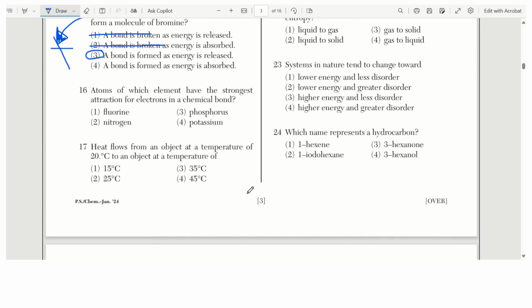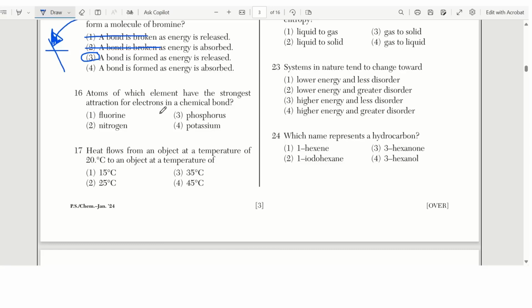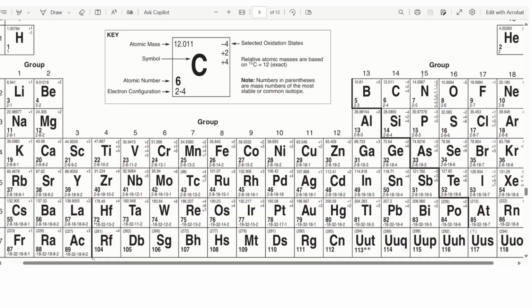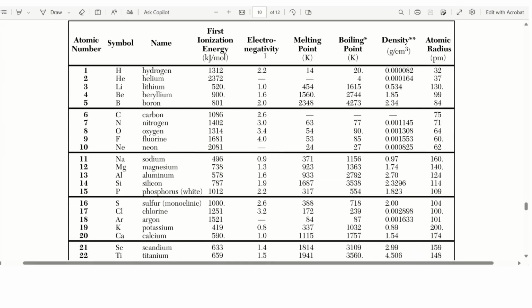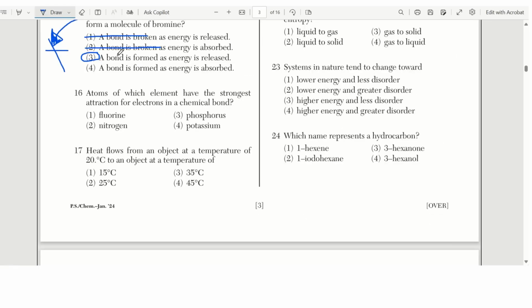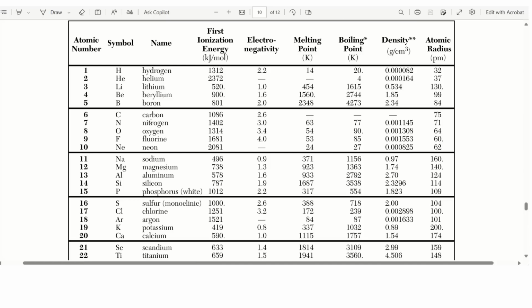Number 16, atoms of which element have the strongest attraction for electrons in a chemical bond? Well, I know this answer without looking up anything, just because I know kind of the fact about it, but let's look up electronegativity. So here's electronegativity, and what are we looking for? Fluorine, nitrogen.